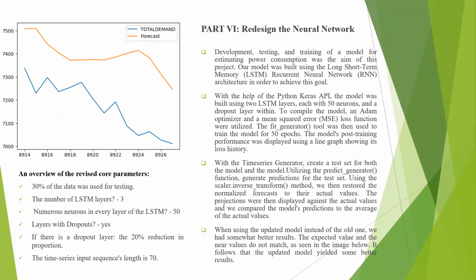With the help of the Python Keras API, the model was built using two LSTM layers, each with 50 neurons, and a dropout layer within. To compile the model, an Adam optimizer and a mean squared error loss function were utilized.